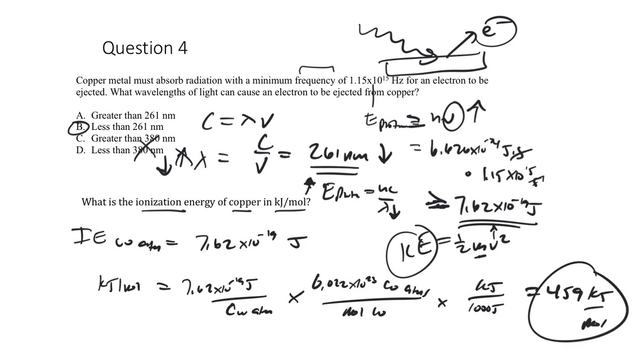So that would be the energy it takes to ionize a mole of copper, 459 kJs per mole.